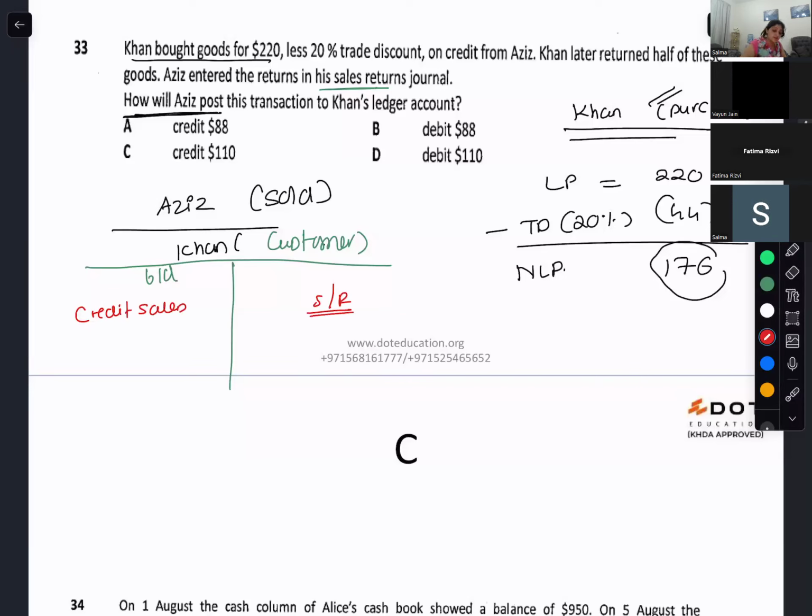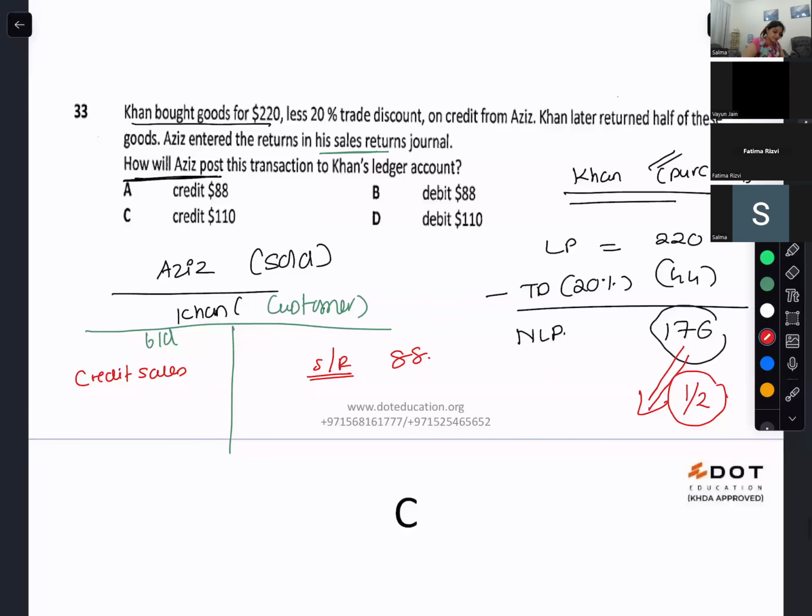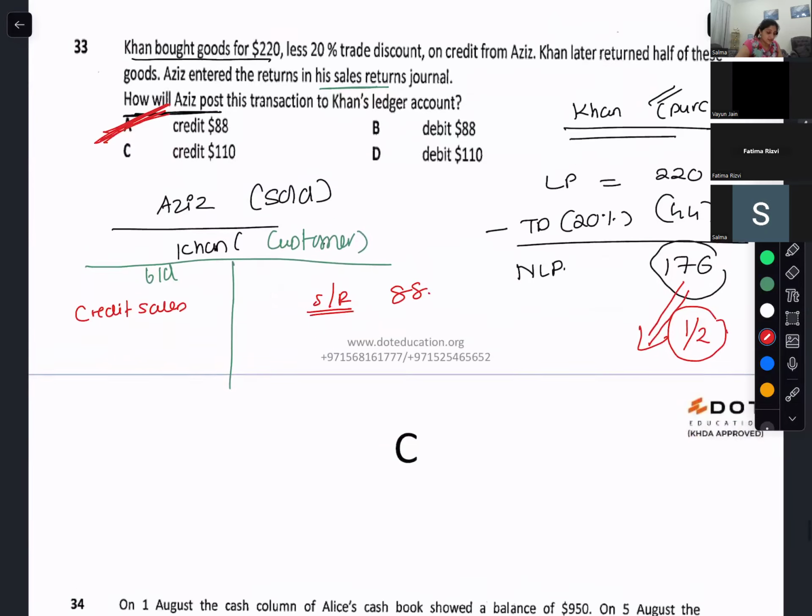How much is the sales return? 88, half of 176. Which side? On the credit side. Please understand properly who is customer, who is supplier, in whose books and in whose account. Okay, option is A.